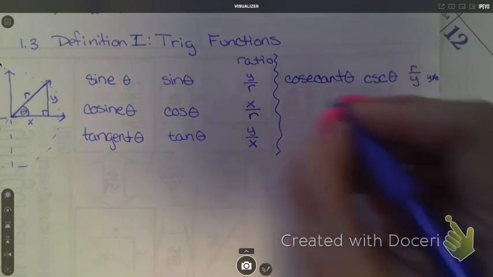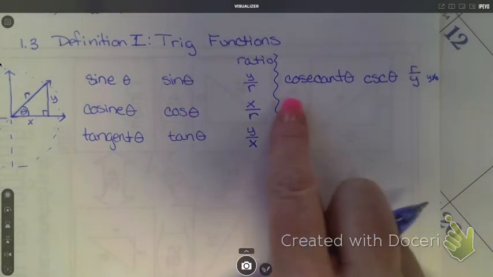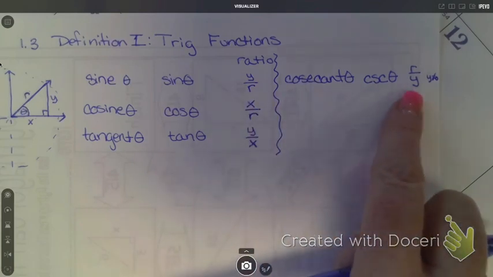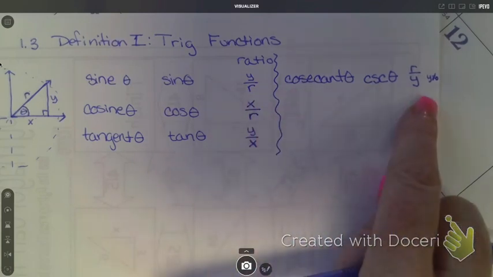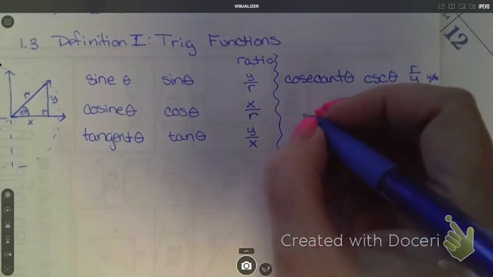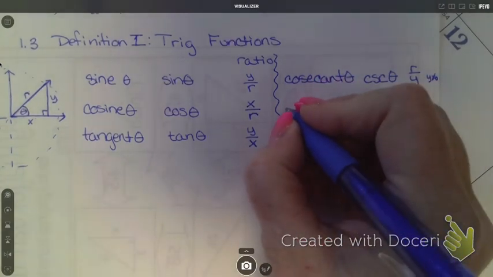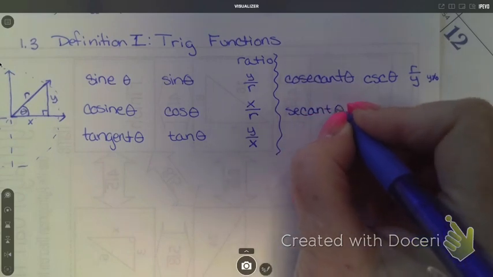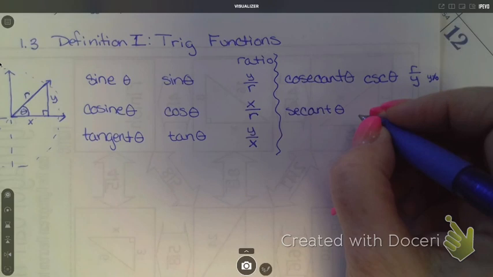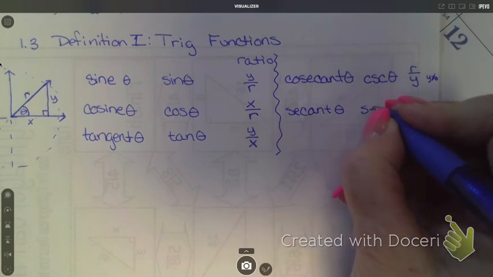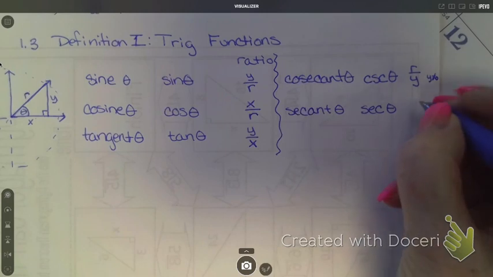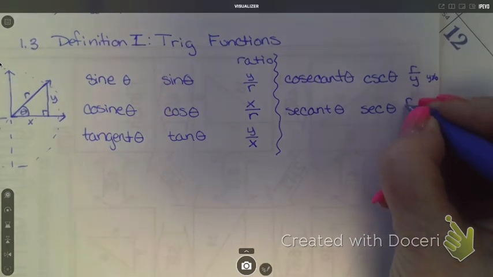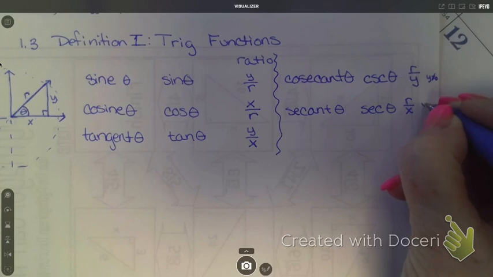Okay, so you know why I put cosecant next to sine? Because they're reciprocals of each other. These are called the reciprocal functions. Okay, and then secant of theta is SEC. It is r over x, and x can't be 0.